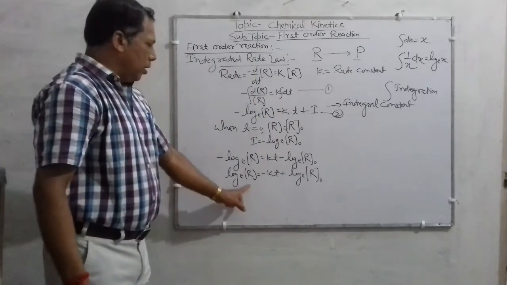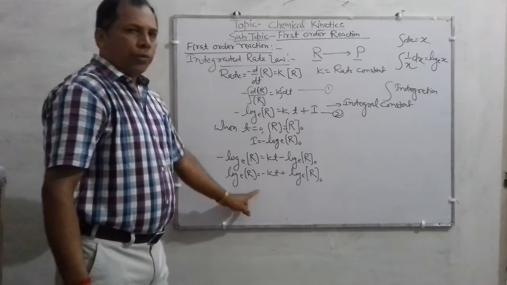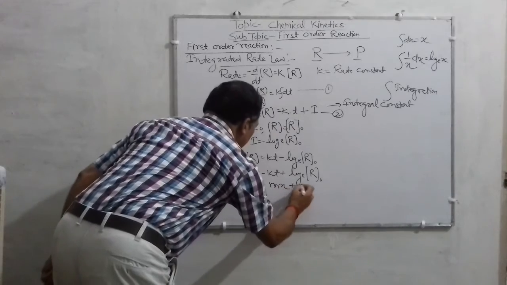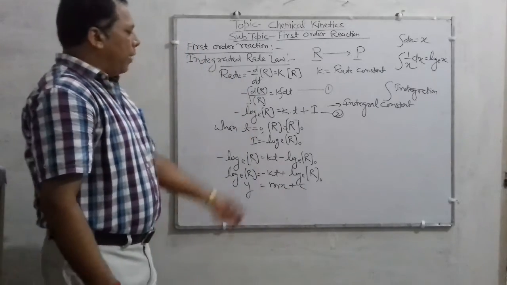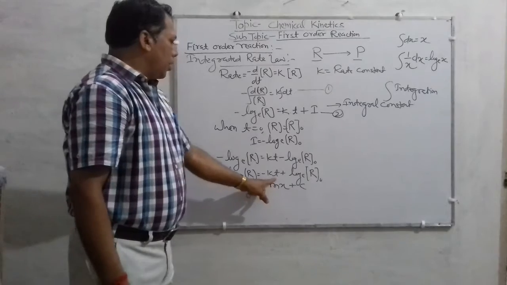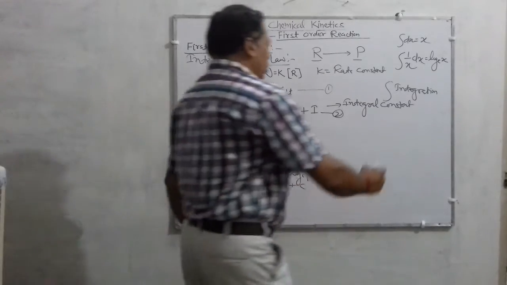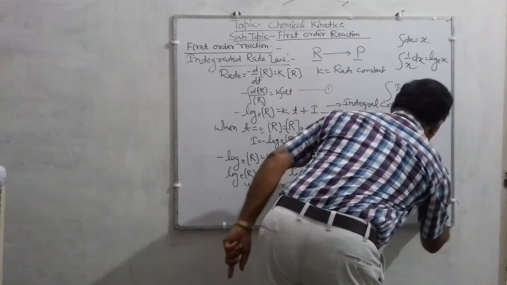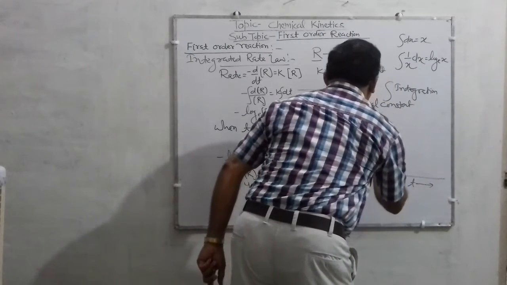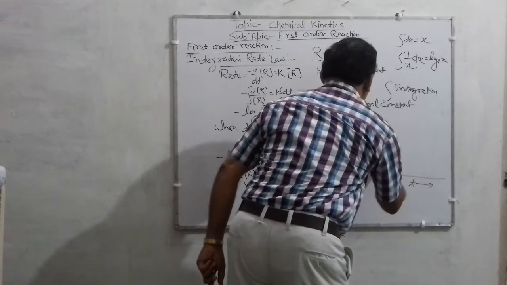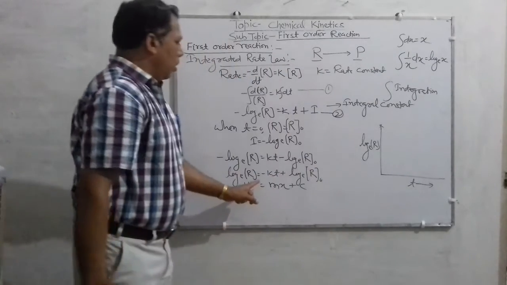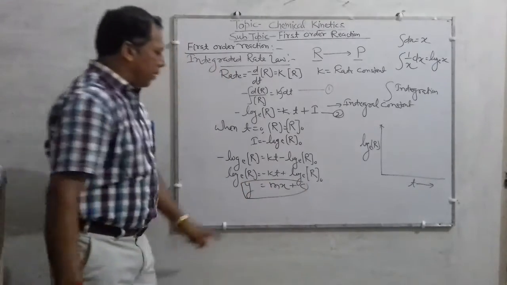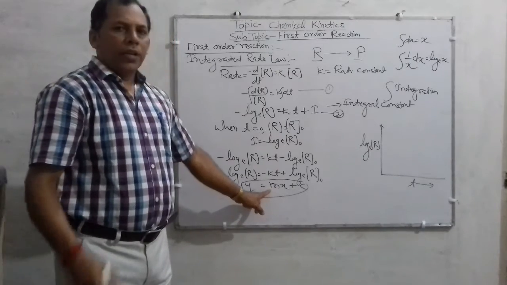And children, you can compare this equation with the general equation y equals mx plus c. When you plot time versus log r, according to this comparison, y is equal to mx plus c, where m is tan theta or slope.